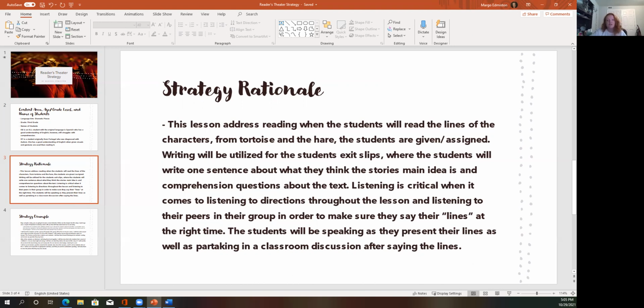Our vocab includes folk tales, a story originating in a popular culture, typically passed on through word of mouth. A moral is being concerned with the principles of right and wrong behavior and the goodness and badness of human characters.